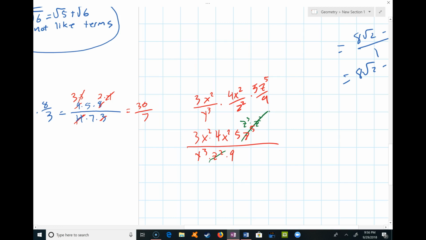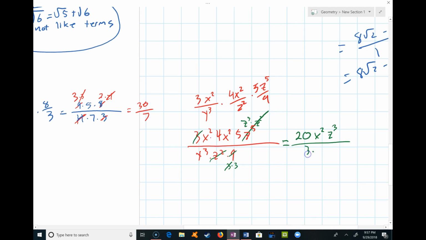And this 9 could be broken into 3 times 3, so I can cancel this 3 with one of those 3's. And I think that's all the canceling I can do. So then I'll multiply on top what I can multiply. I have a 4 and a 5, so 4 times 5 is 20, of course. And there's an x squared there and a z cubed on top. And on the bottom, it looks like I just have a 3y cubed.